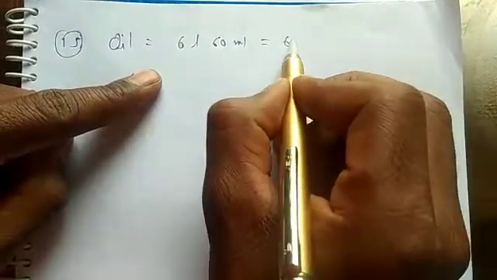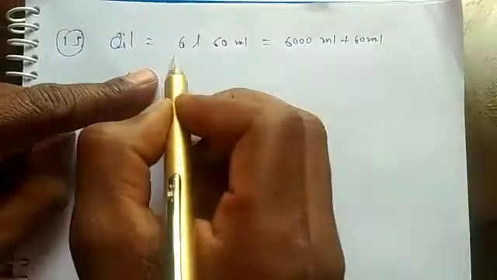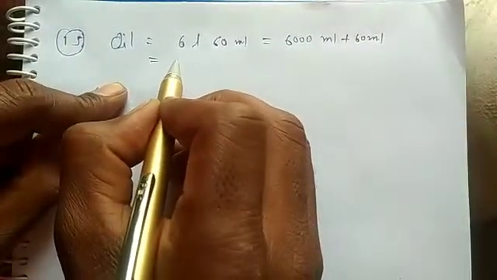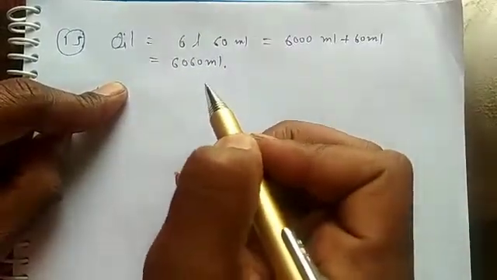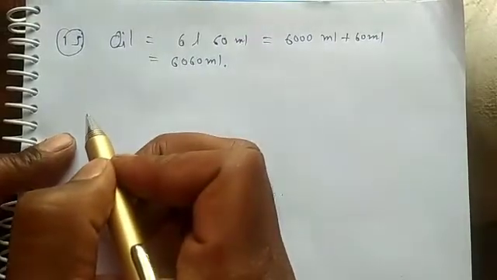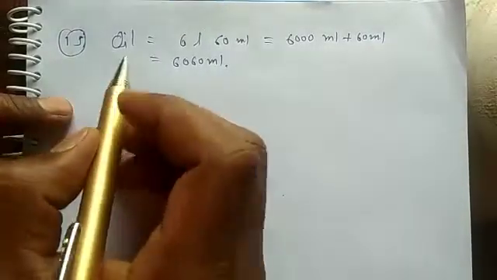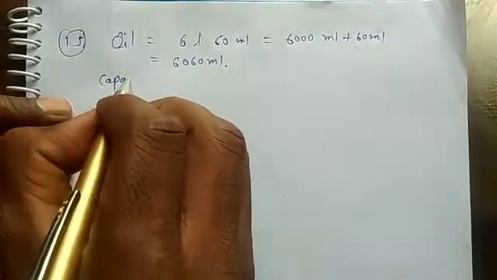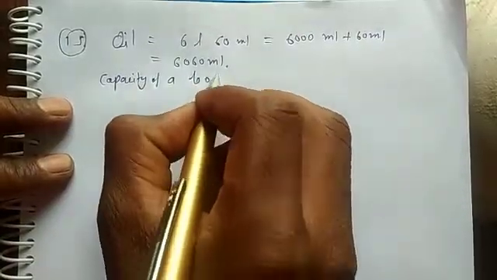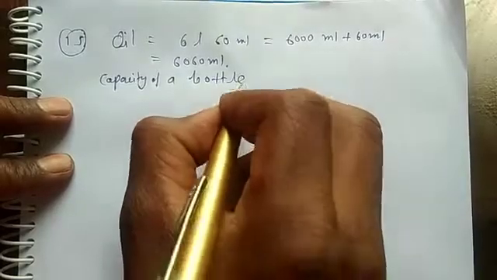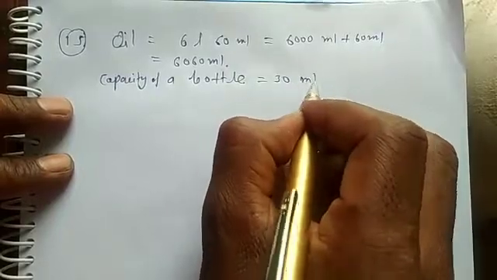Then 6 liter means 6000 milliliter plus 60 milliliter. It means total oil will be 6060 milliliter. Now the question is, the capacity of each bottle is 30 milliliter.